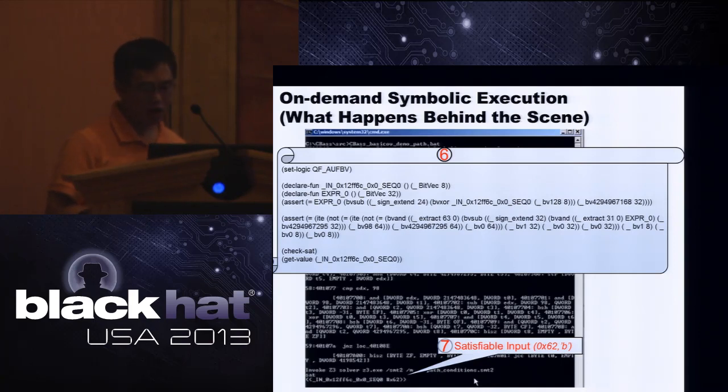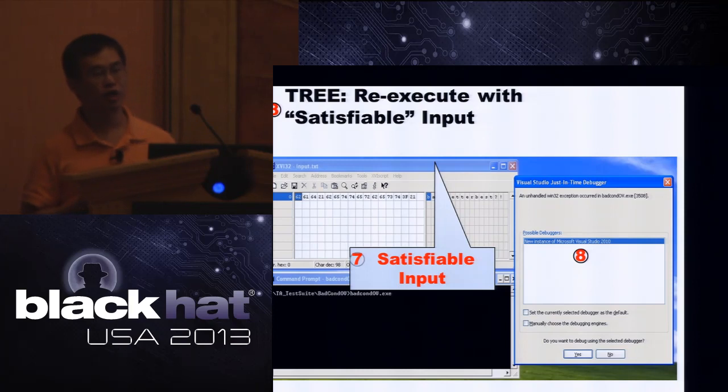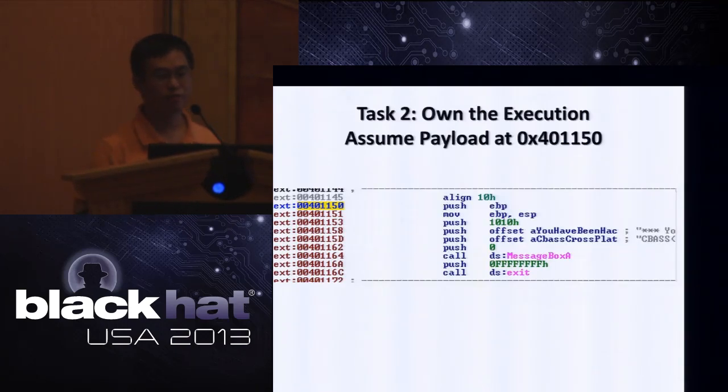Here, particularly, we're using these three to solve this formula and get the answer back. In the SMT solver's terms, it is called a satisfiable input, but it basically tells you, for these particular input bytes, what the value should be. So if we make changes accordingly and run the program again, it will trigger the crash. It means that it took the bad path.